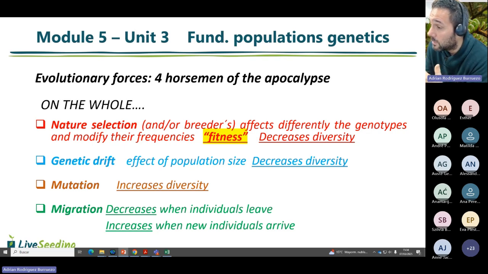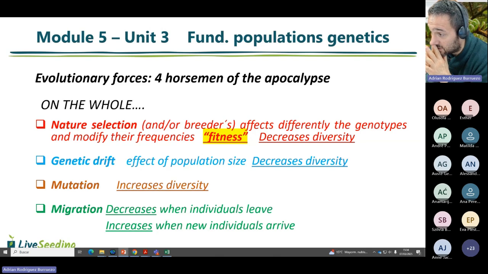And on the whole, natural selection decreases diversity. Why? Because natural selection gives more opportunity to some genotypes while decreasing opportunities for other genotypes. In such a way, some genotypes will become predominant in the population while others will go towards extinction. So on the whole, natural selection decreases diversity in the population.